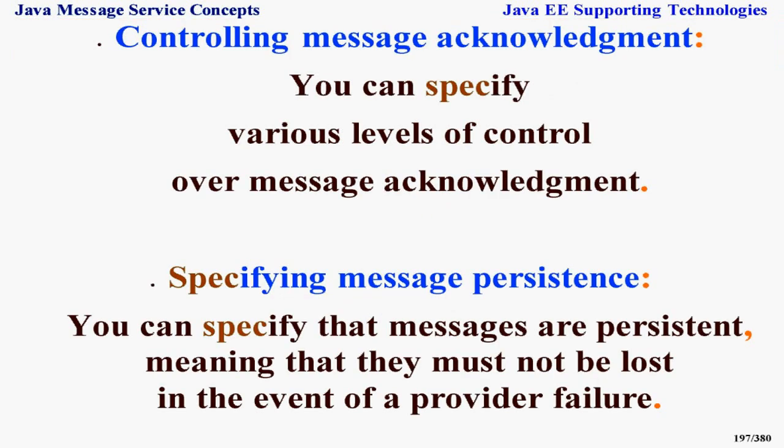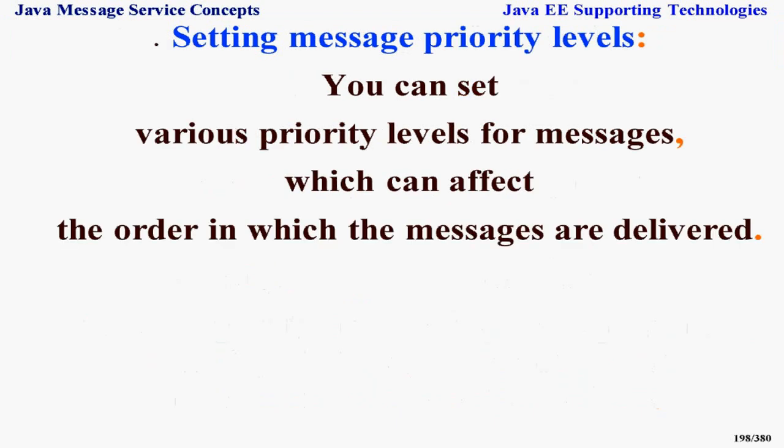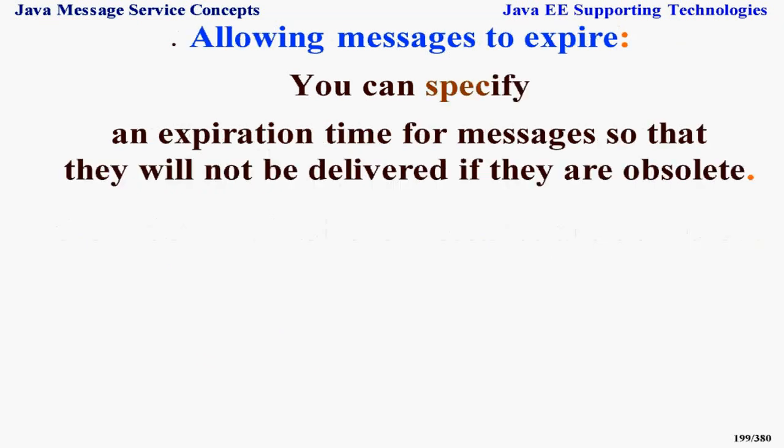Controlling message acknowledgment: you can specify various levels of control over message acknowledgment. Specifying message persistence: you can specify that messages are persistent, meaning that they must not be lost in the event of a provider failure. Setting message priority levels: you can set various priority levels for messages, which can affect the order in which the messages are delivered. Allowing messages to expire.